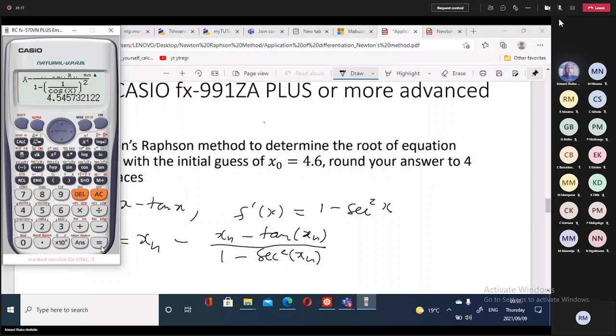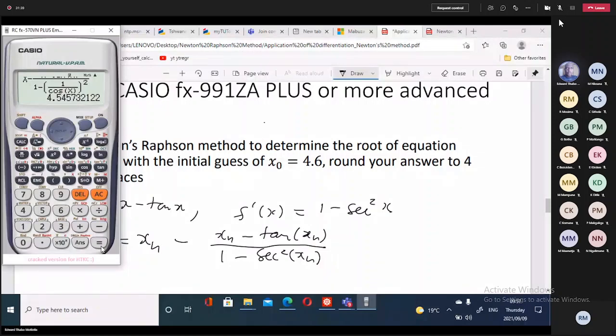Now the advantage of using a calculator, once we have done this, now you can go to calc, then you say answer equals sign, calc, answer equals sign. You repeat like that until your successive answers are the same, according to the requirement. You check the last 4 digits.